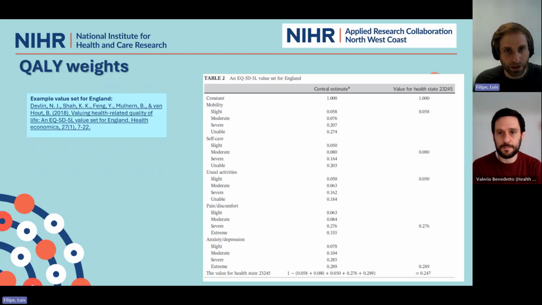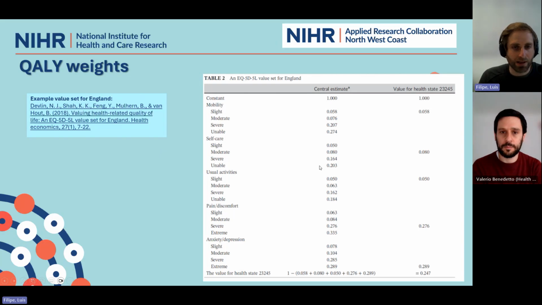Now we are going to see it here, and if you saw our vlog on the QALYs, you have seen this table, and it's precisely that. So these are the quantification of the preferences of people, for instance, having mobility that is not very good, it's severe, or they are simply unable to move. So this is how much people value these states.